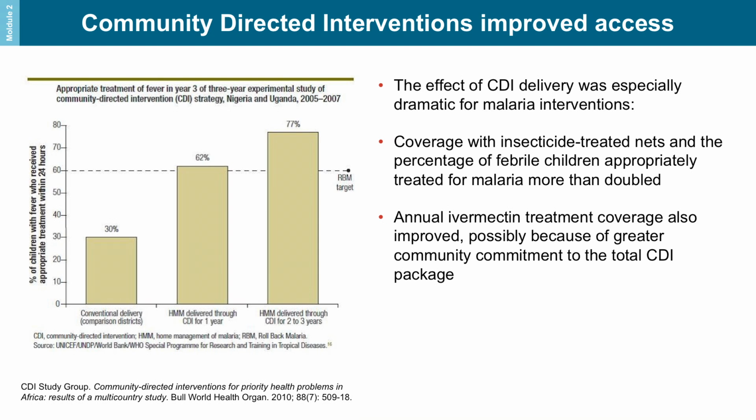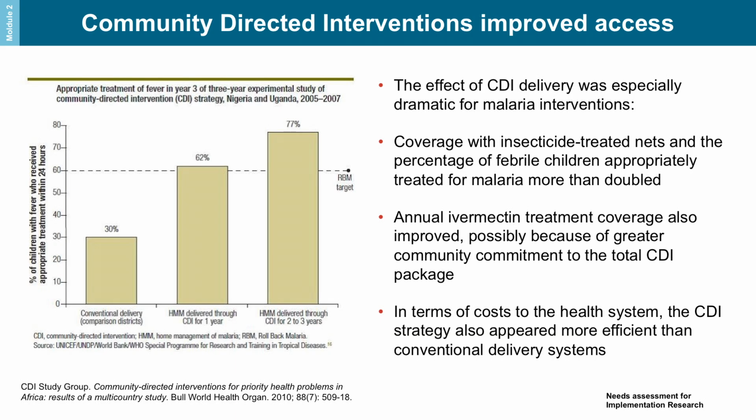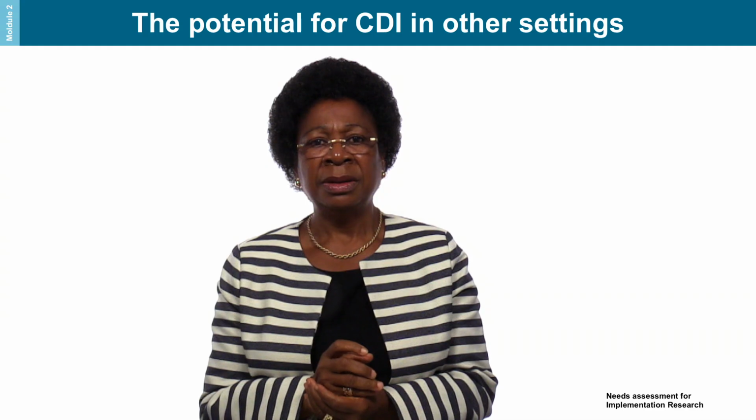Annual ivermectin treatment coverage also improved, possibly because of greater community commitment to the total community-directed intervention package. In terms of cost to the health system, the community-directed strategy also appeared more efficient than the conventional delivery systems.